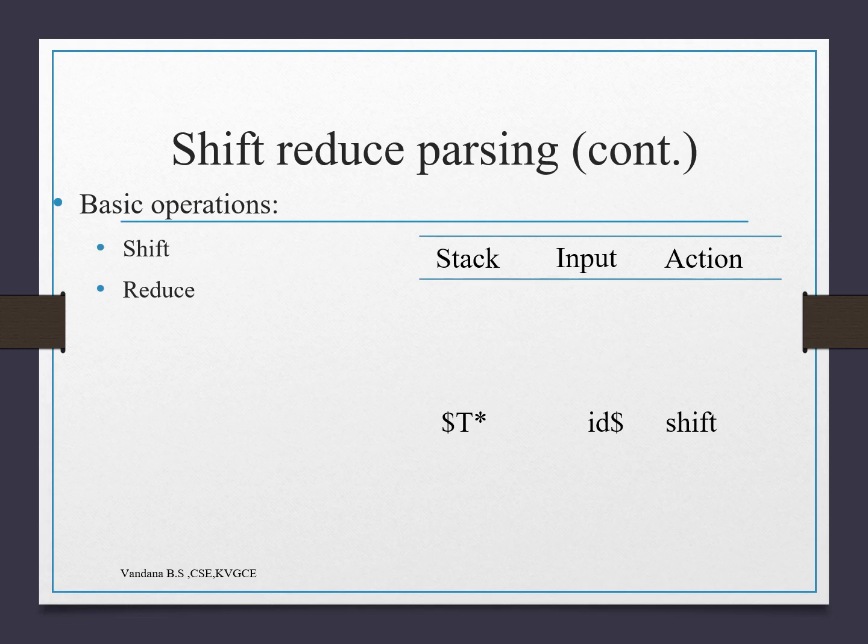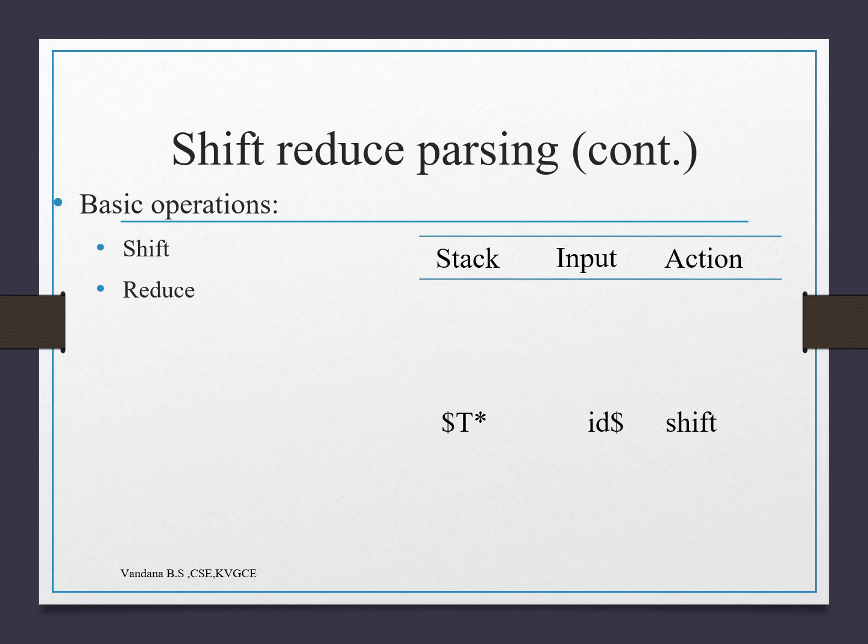It means locate the left end of the string within the stack and decide with what non-terminal to replace that string. So whenever the handle appears on the stack, it has to be popped, and what is to be pushed? The corresponding non-terminal. Understood? The corresponding non-terminal has to be pushed onto the stack.